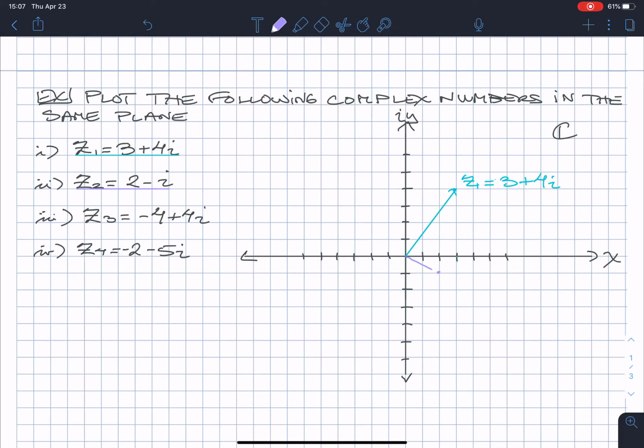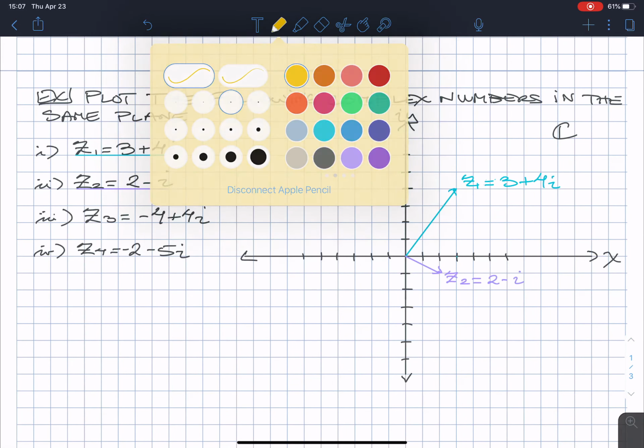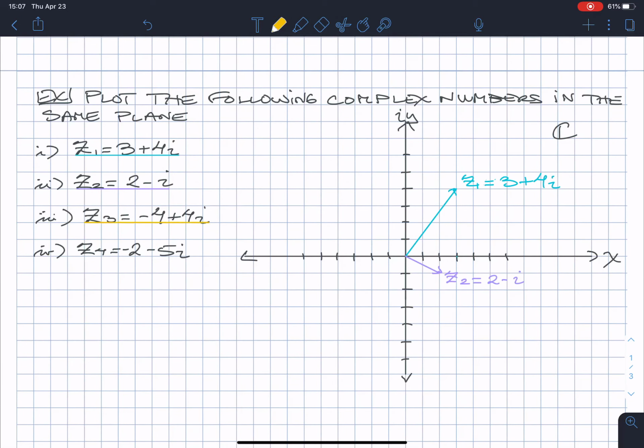So this is z sub 2, equals 2 minus 1i. Now let's look at z sub 3, which is to the left 4 and up 4. So here's z sub 3 equals negative 4 plus 4i.